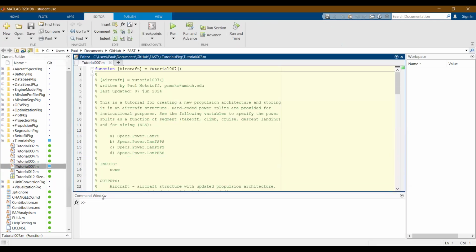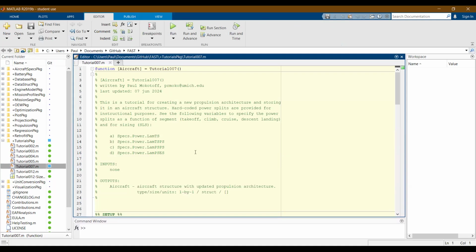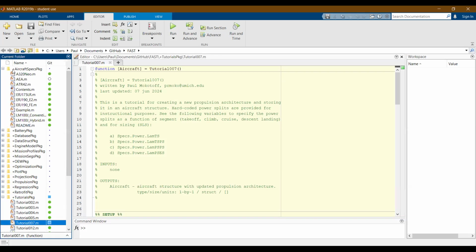And what we're going to do is begin to input all of the power splits and propulsion architecture matrices into MATLAB. As a reminder, if you forget what parameters belong where, you can always check out the README in the aircraft specs package.